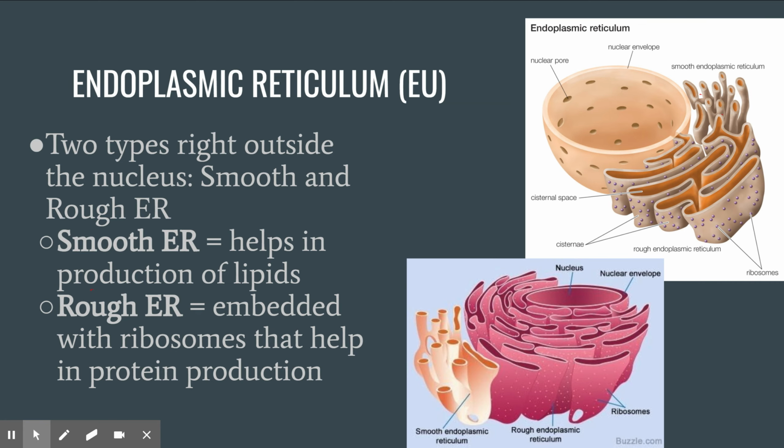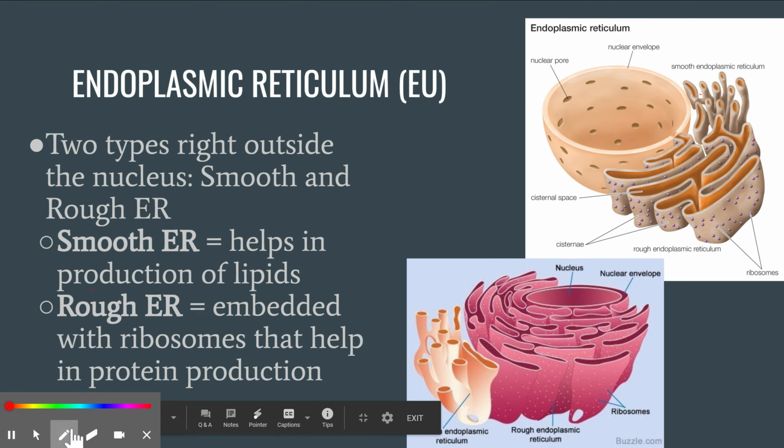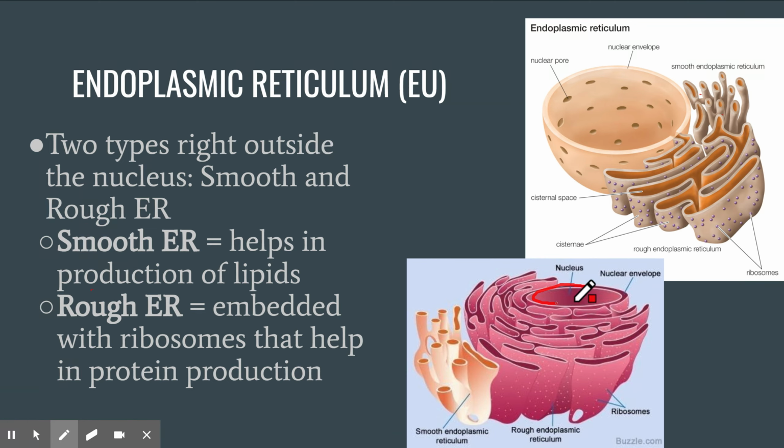So if we look over at this picture at the bottom, we can see that the nucleus is shown by this circle. The nucleus, and I'll grab my pen real fast, is shown right here. And then the endoplasmic reticulum is right outside of the nucleus. That is true in all diagrams. In all diagrams, you'll see a nucleus with the ER right outside of it.